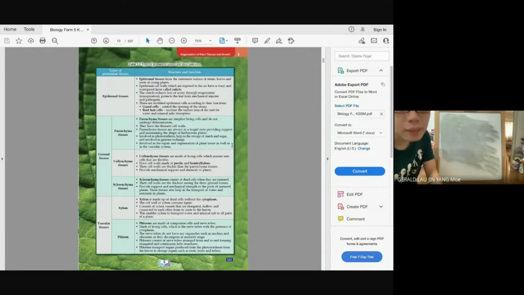And then epidermal cells, some of them will evolve into guard cells because they will control the opening of the stomata, and also some are root hair cells to increase surface area. Okay. For ground tissue, the first one is parenchyma. Parenchyma is the simplest living cell, okay? Remember, they are the simplest living cells.